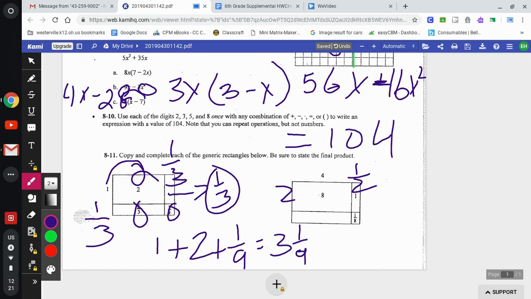Or 2 times what would be 1/8, which is 1/4. So I have a 4th here. And 4 times a 4th would be 1. So again, I add them all up. I got 8 plus 1 plus 1 plus 1/8. My total would be 10 and 1/8.